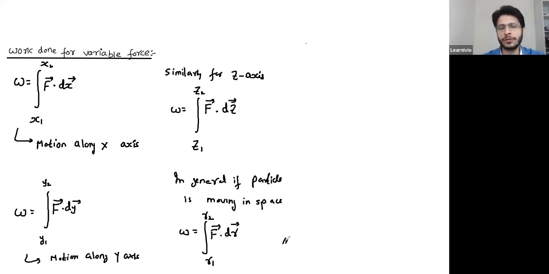If you have a constant force, then you can do it directly, like F s cos theta is your work done. But if your force is variable, then you can't calculate it directly. You have to calculate work done for a small path, and then integrate it from initial to final.